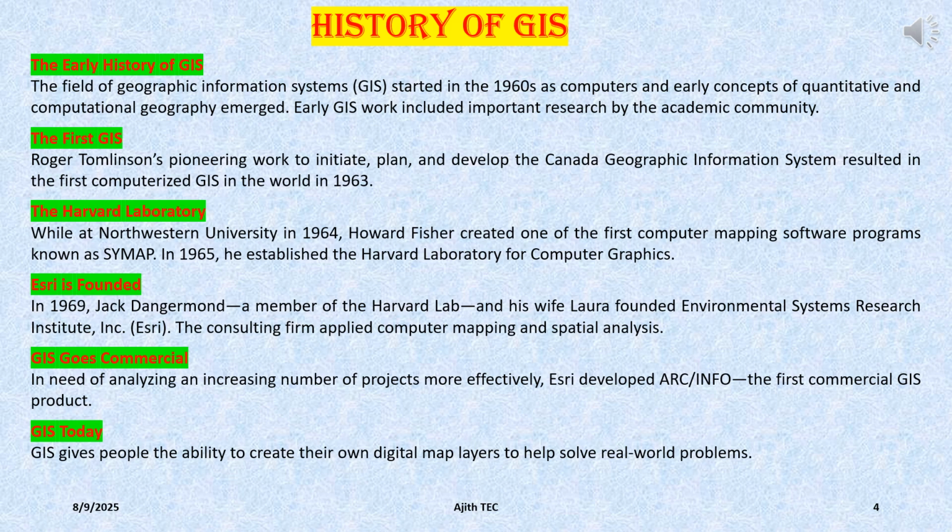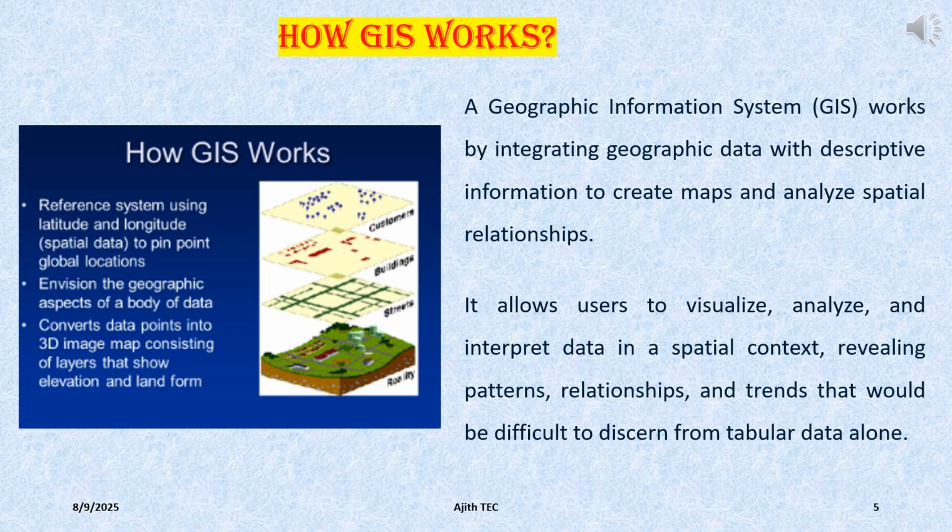GIS goes commercial. In need of analyzing an increasing number of projects more effectively, ESRI developed ARC/INFO, the first commercial GIS product. GIS today. GIS gives people the ability to create their own digital map layers to help solve real-world problems. How Geographic Information System works.